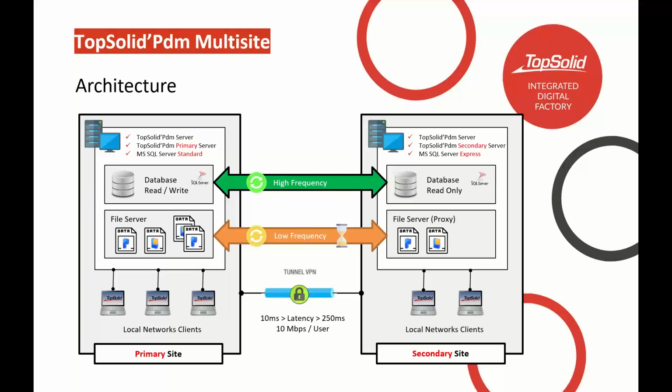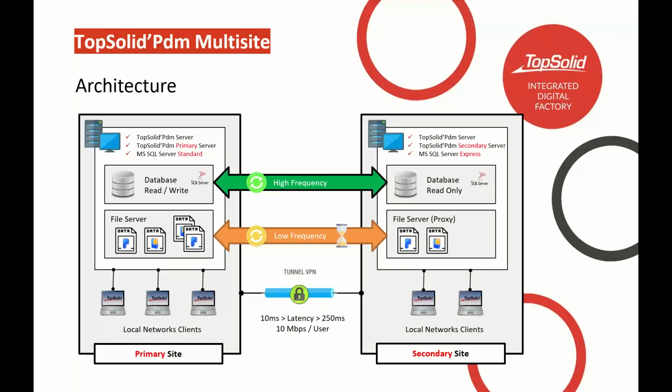On the secondary sites, you can use an Express server license if you like. The SQL Server Express is a free version of SQL. It supports up to 10 gigabyte databases, so should be okay for your typical rollout. If you need large databases, and again, we're talking SQL data here, then of course you would upgrade the secondary sites to at least standard versions of SQL as well.